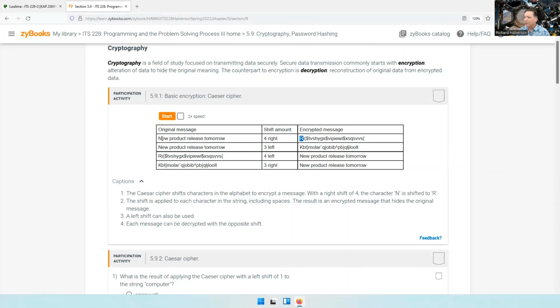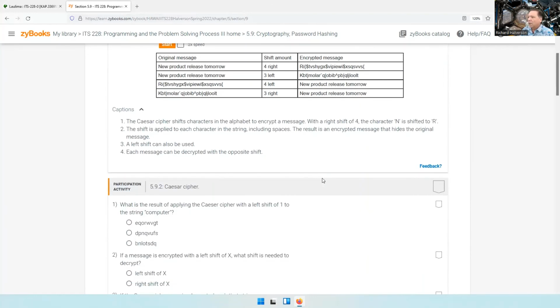And then this lowercase e becomes lowercase i, and then the W becomes this left curly brace. If you look at the ASCII character set, you can see numbers from 0 to 127 or 0 to 255, and you could create a cipher that does it that way.